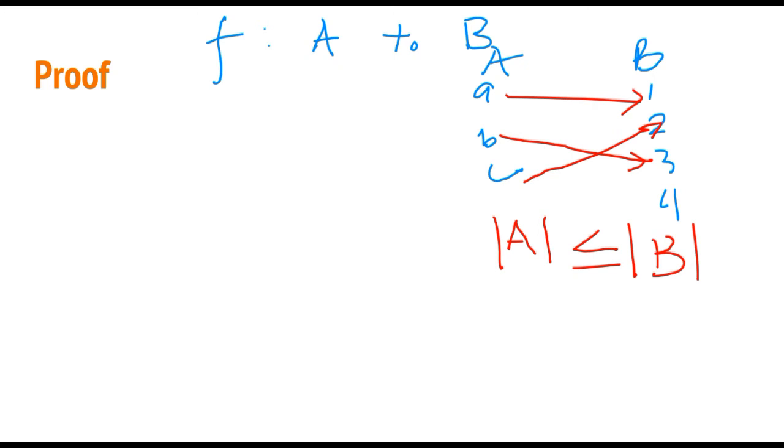And this can easily be illustrated when, for example, we have a cardinality that is greater than set B. So if I have more elements here, say I have D and an E, in this case the cardinality of A is 5, and 5 is now greater than the cardinality of B, which is 4.